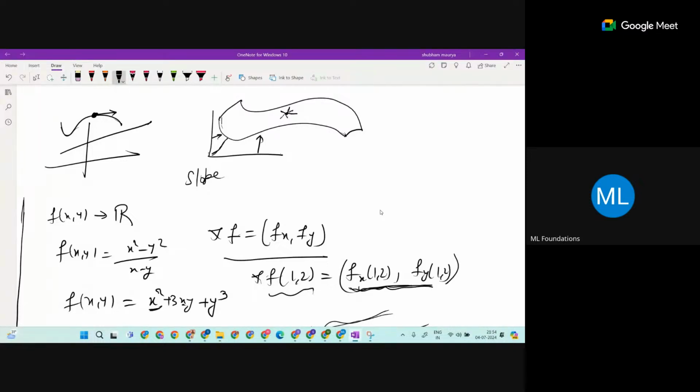In the single variable case there are only 2 directions, like this or this. But in the multivariable case there are many directions. So in the multivariable case we need a directional derivative, whereas in the one variable case only the ordinary derivative is there. Here the tangent is just a line.